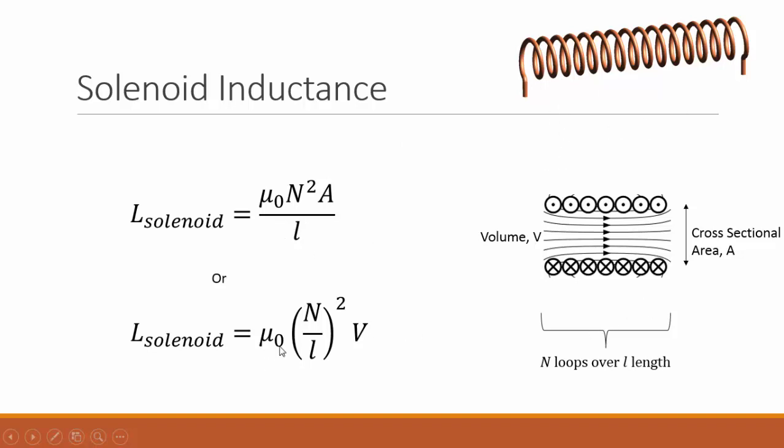That's equivalent to this same μ0 times the number of turns per length, squared, and this is sometimes listed on inductors, turns per length as a certain number, times the volume of the inductor. These are equivalent formulations. So you'll use either this one or that one depending on what's more convenient, and this relates the design of the inductor to the actual inductance it has.